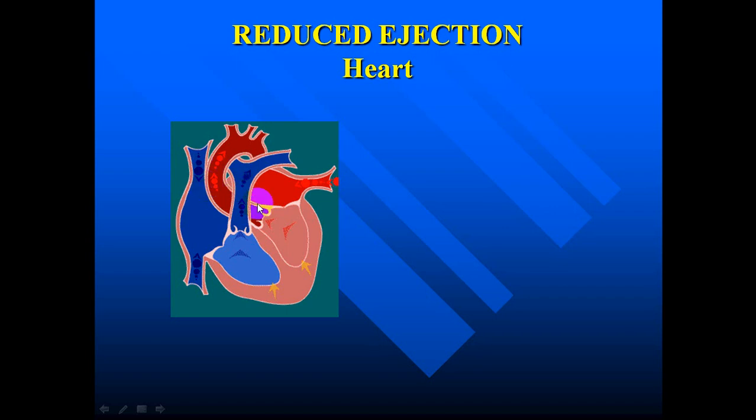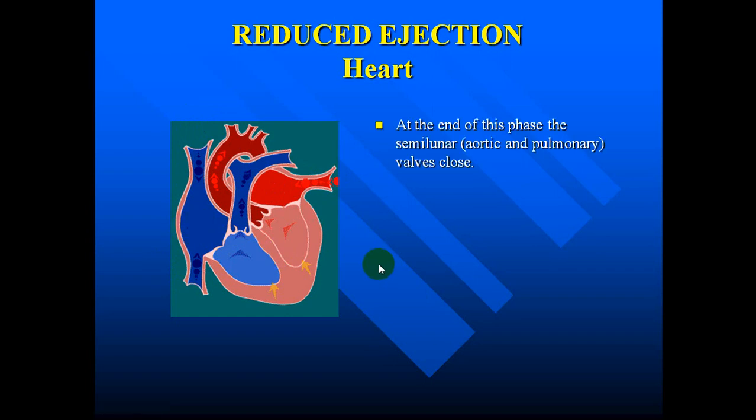At that time, the blood continues filling the left atrium from the superior and inferior vena cava and other sources, filling during ventricular systole. The atria are in diastole. At the end of this phase, the semilunar aortic and pulmonary valves close. Why does this valve close at the end?